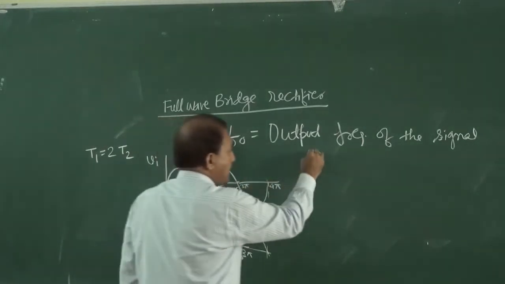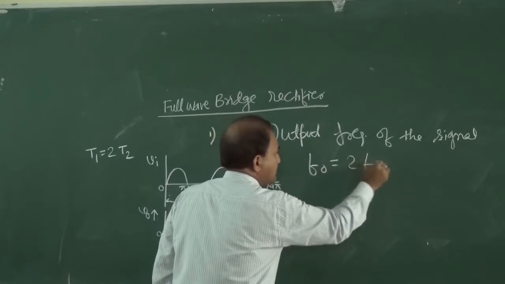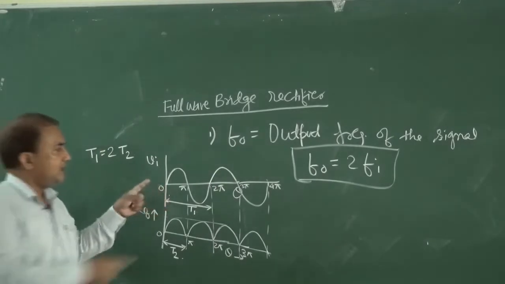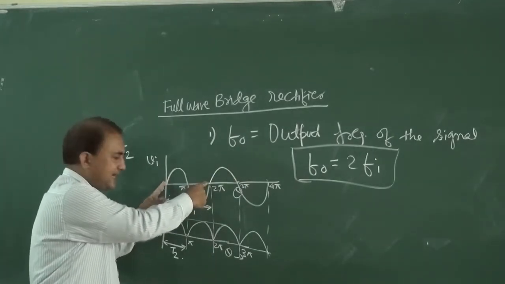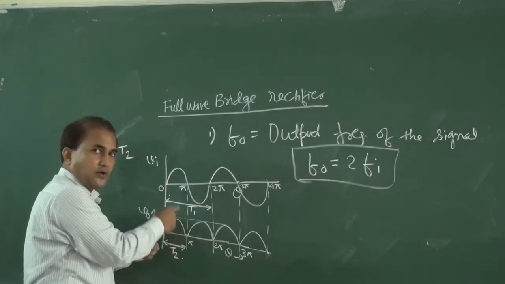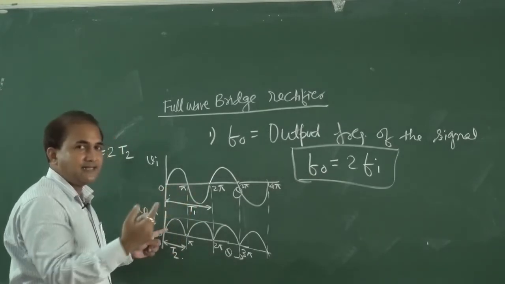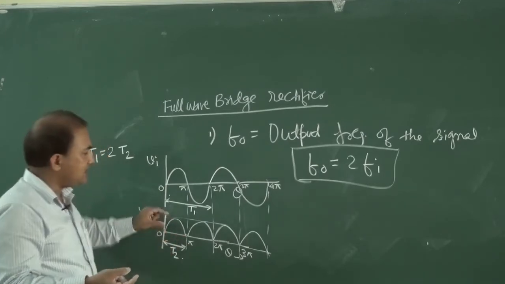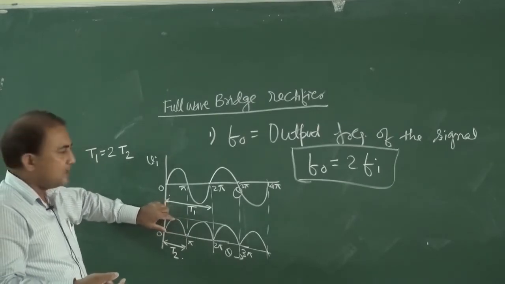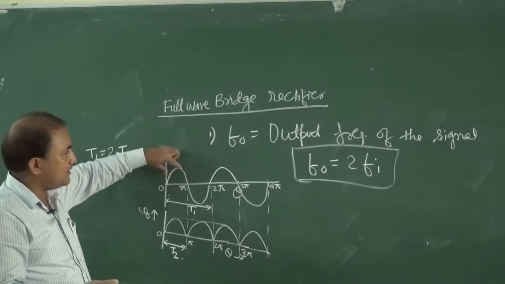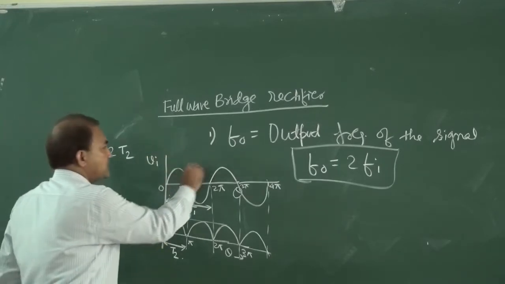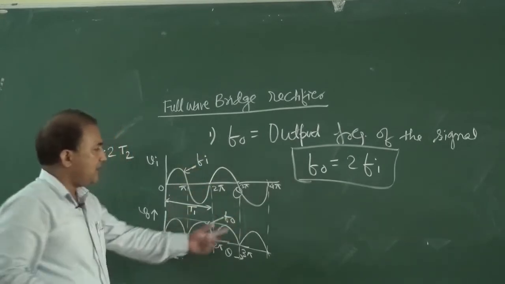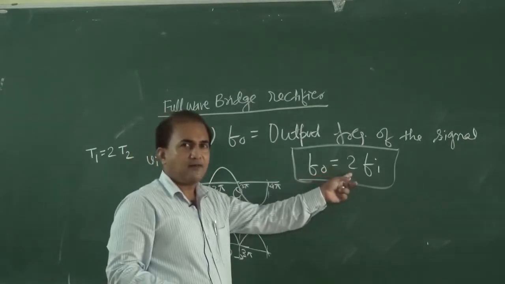So the output frequency is 2 times the input frequency, because frequency is inversely proportional to time period. Suppose the input frequency is Fi, then F out is equal to 2 times Fi.